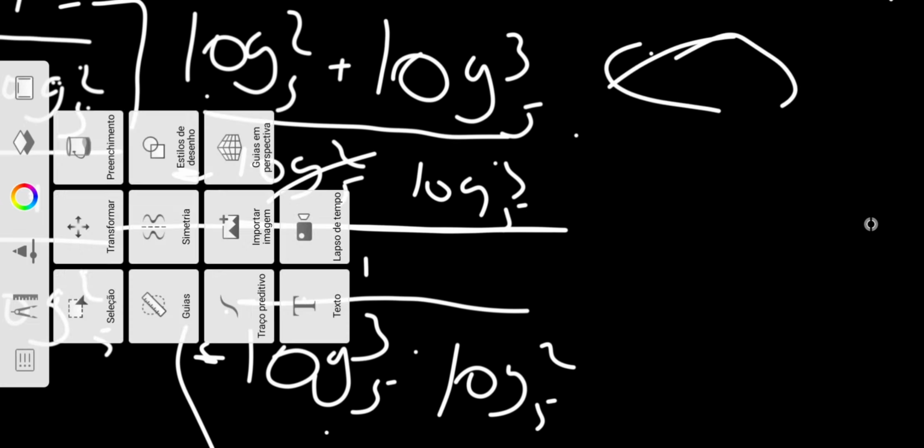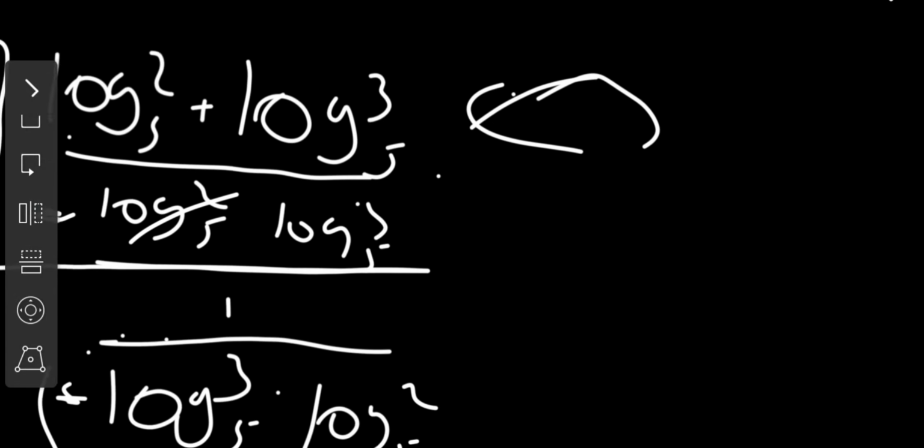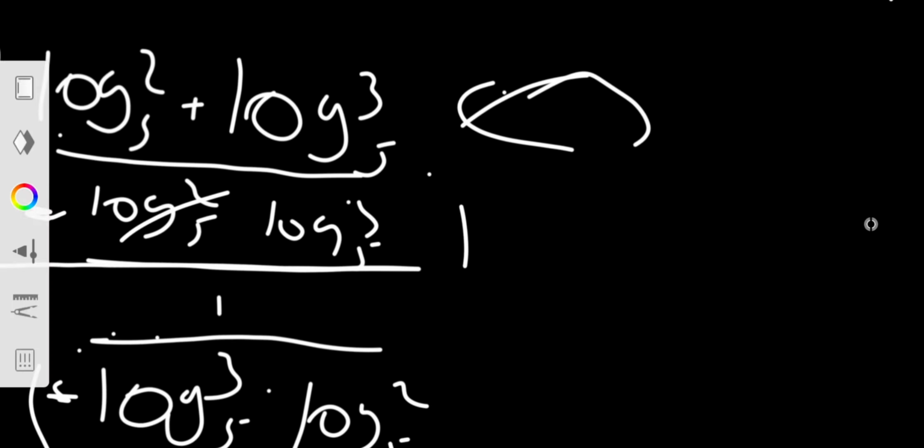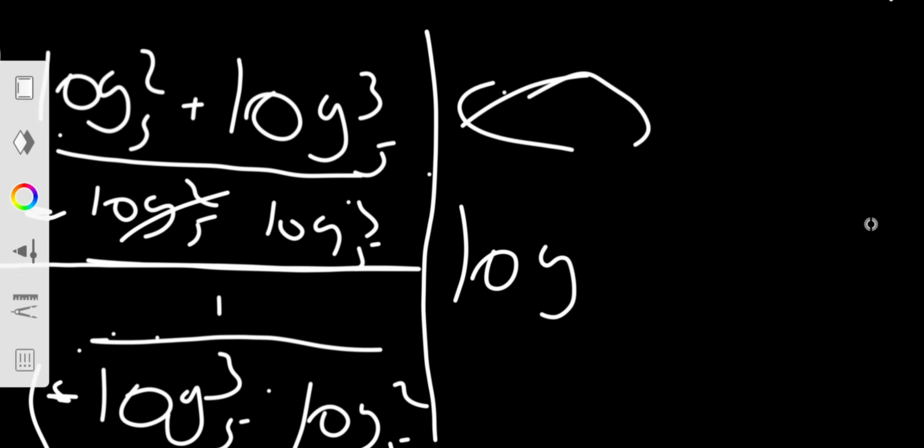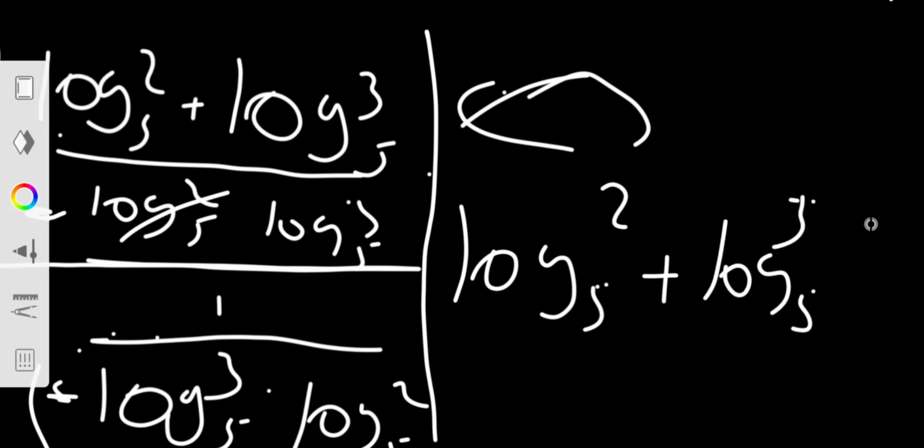And all you will have left is that, and this is the last property that we're going to use. Log of 5 in the base of 2 plus log of 5 in the base of 3. Remember, when we have the sum, what do we do?